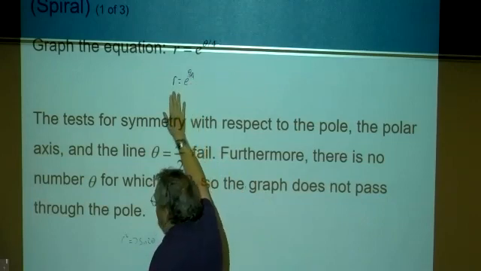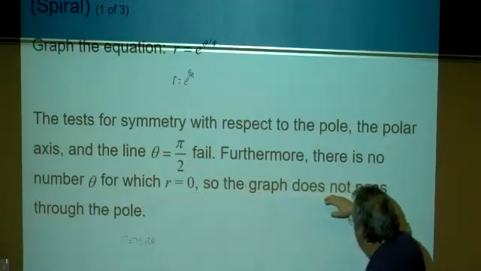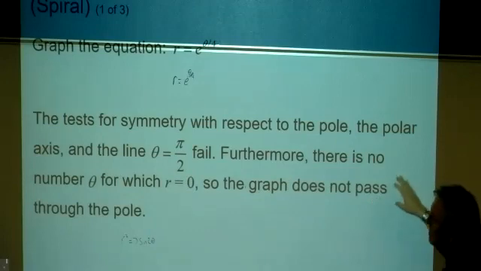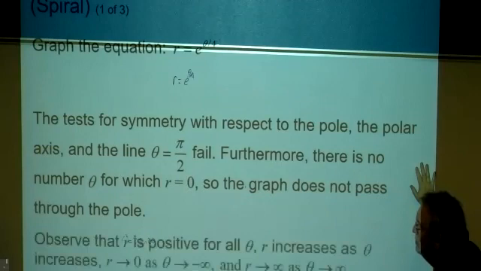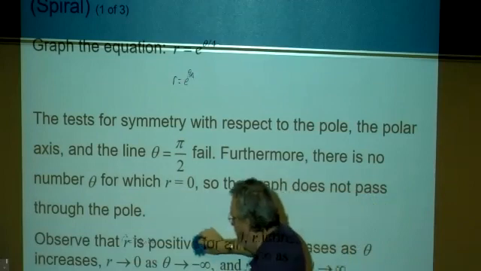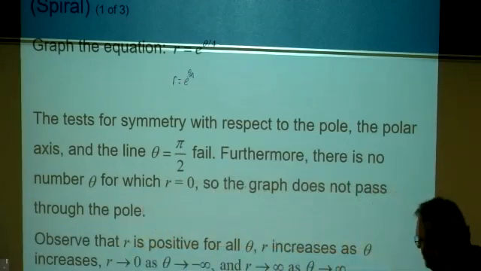So r will be a positive real number, which means this will never hit the pole. All right. And then r is positive for all theta.